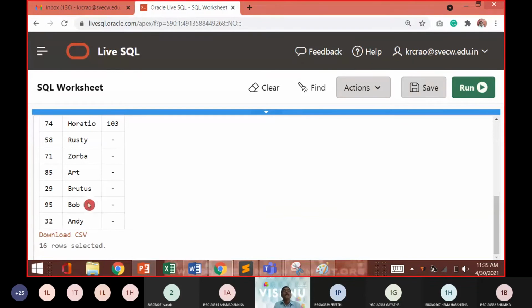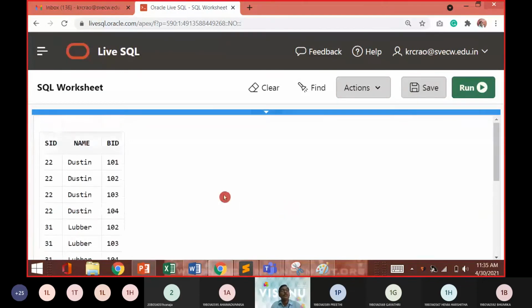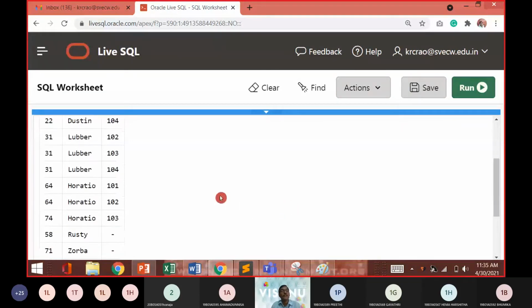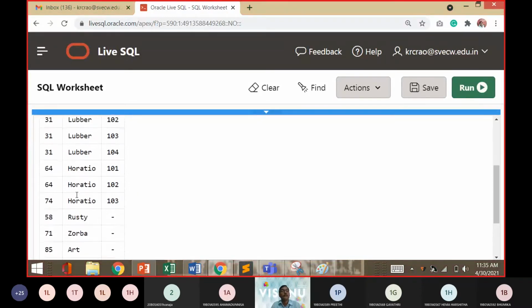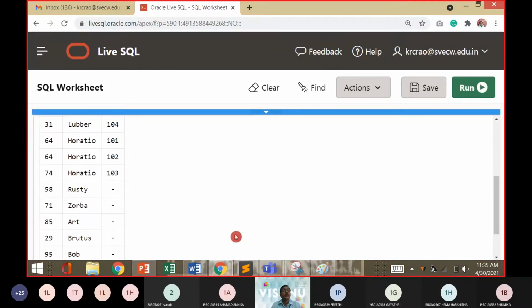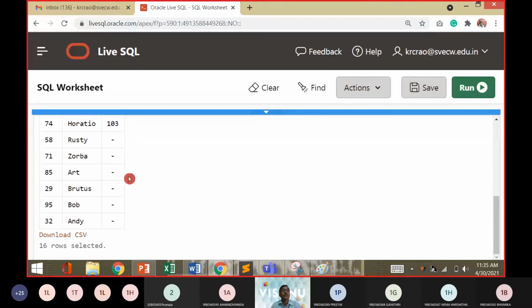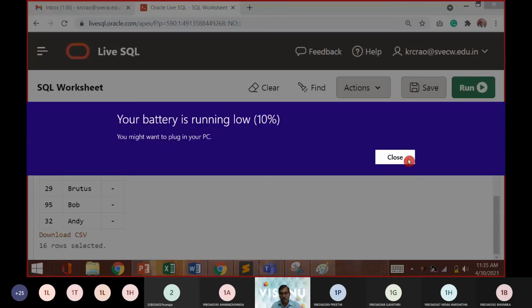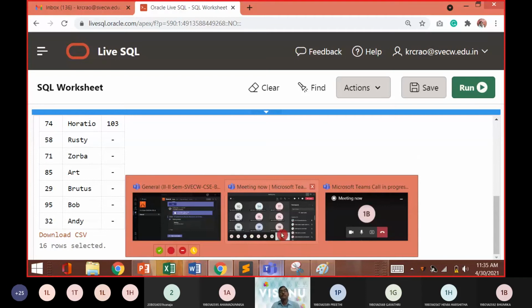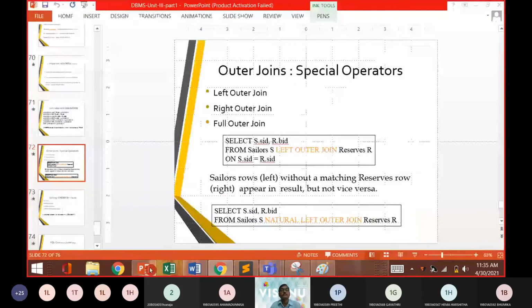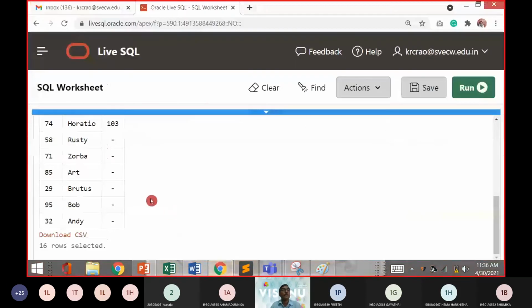It has the values matched towards left and right, which are 10, and the remaining 6 values, 58, 71, 85, 29, 95, 32, were missing here, so those have been taken up here. That's how we get the 16 records.